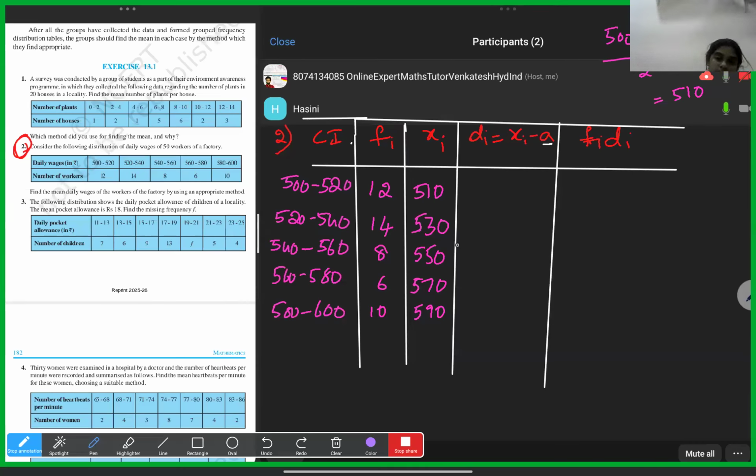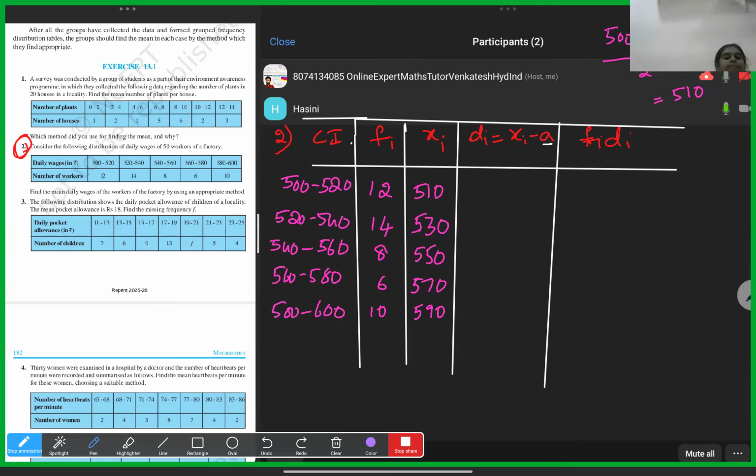Yes, Hasni, which is not much closer to the bottom number. The middle value is at an equal distance from the upper one and the bottom one, Hasni. That is the reason. Otherwise, you can select any of the numbers as you wish. A can be any number, but if you select the middle one, it will become easy for us.